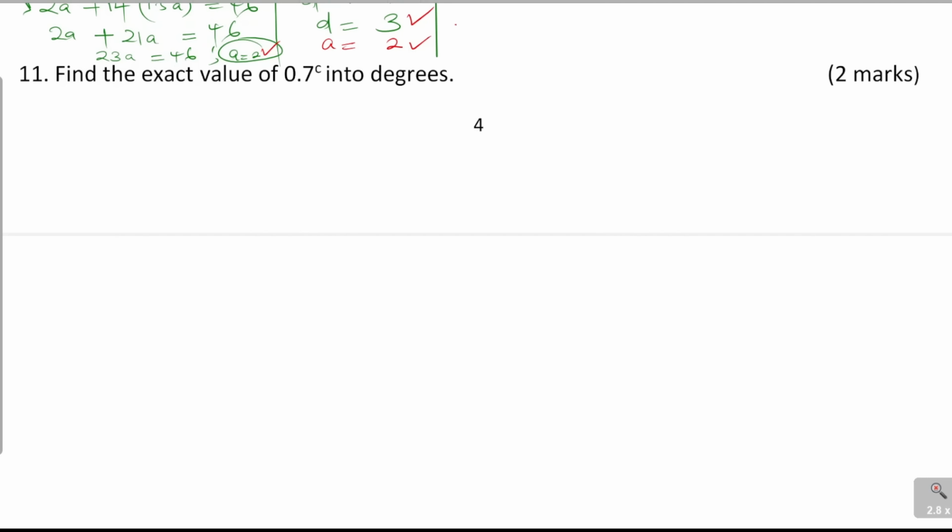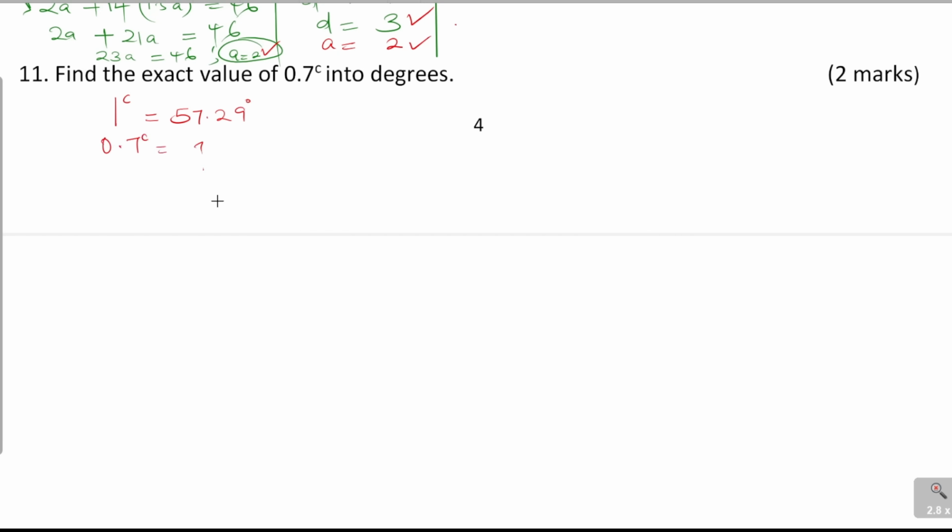Question 11. Find the exact value of 0.7 radian in degrees. So you're required to convert 0.7 radians into degrees. This is very simple. You only need to know that 1 radian is equivalent to 57.29 degrees. So what about 0.7 radian?